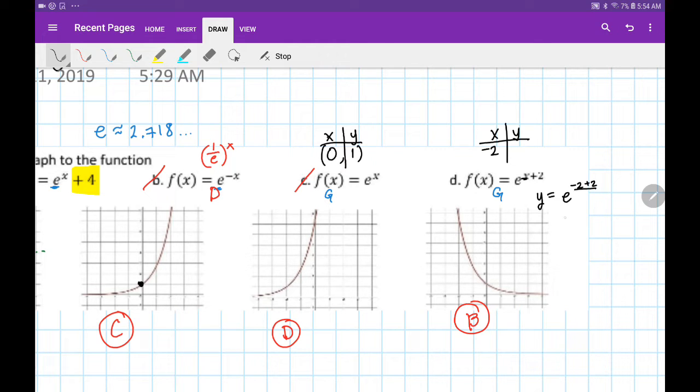So -2 plus 2 gives me y equals e to the power of 0, and that gives me y equals 1. So I know that for D, it has to go through the point (-2, 1), which is right here, (-2, 1), there it is. So I do confirm that this is D.